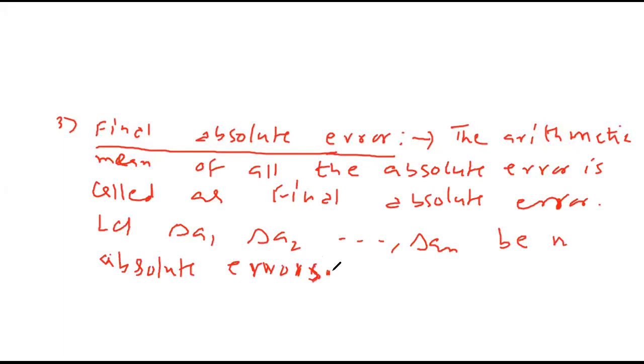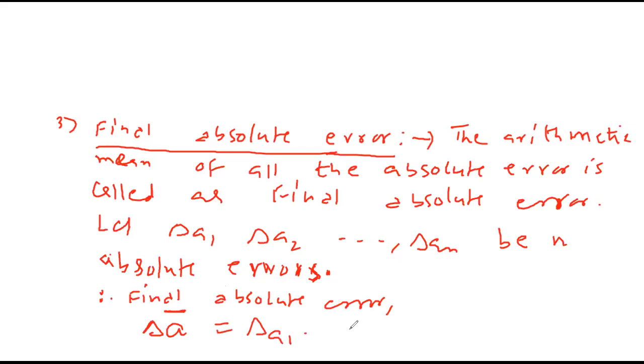Therefore, final absolute error delta A bar equals delta A1 plus delta A2 up to delta AN, divided by n. So the average of all absolute errors is called as final absolute error. Right, third definition.